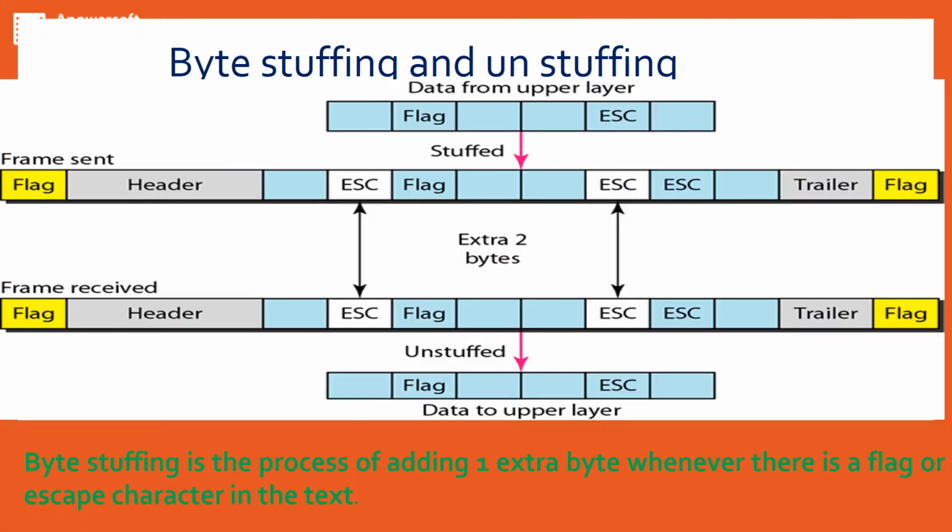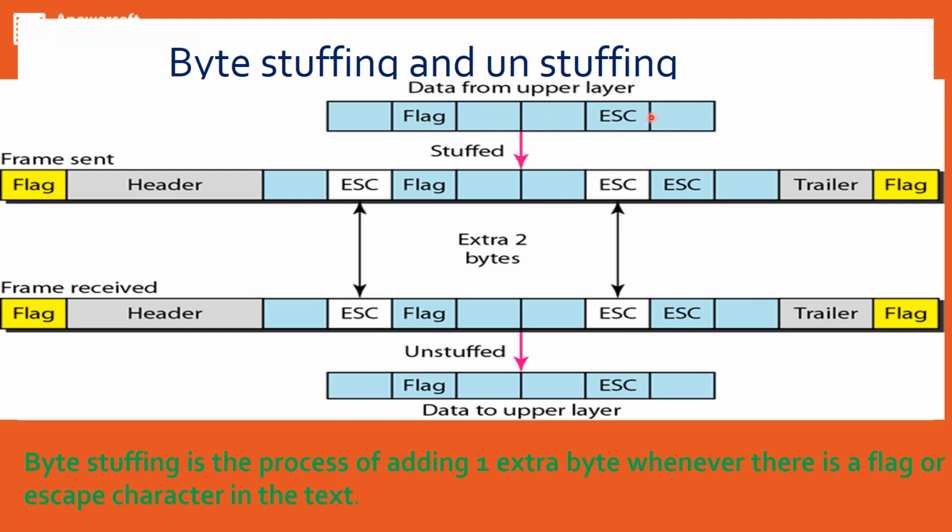The diagram shows the concept of byte stuffing and unstuffing. We can observe that this is the data from the upper layer. Byte stuffing is a process of adding one extra byte whenever there is a flag or escape character in the text.